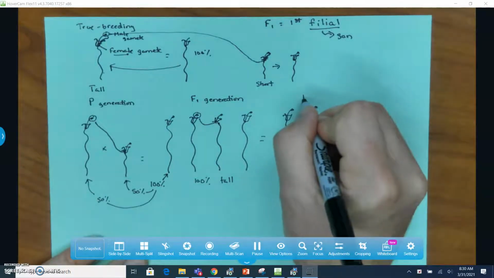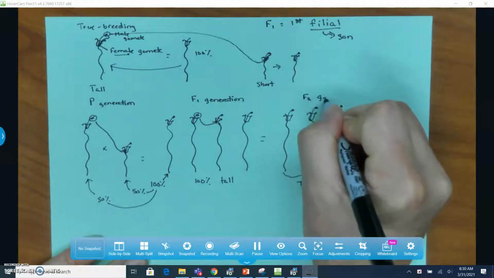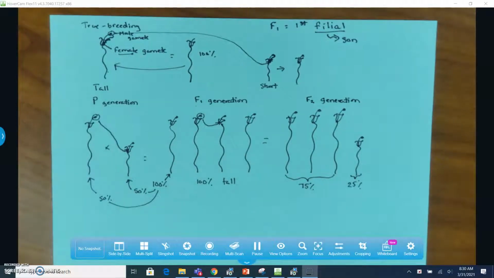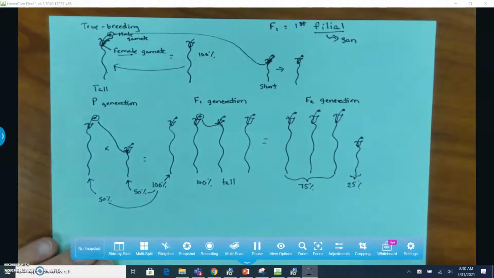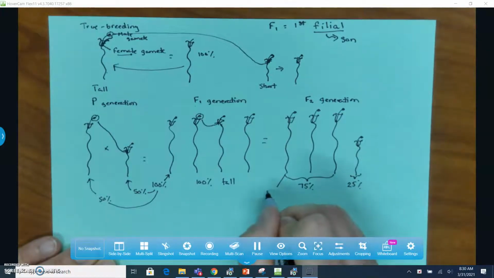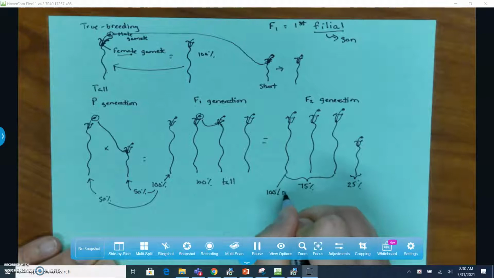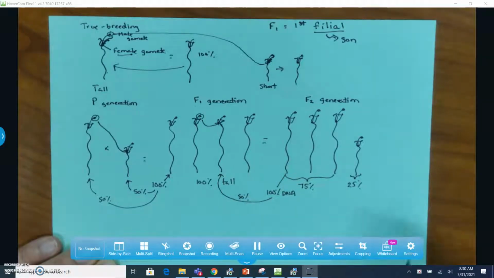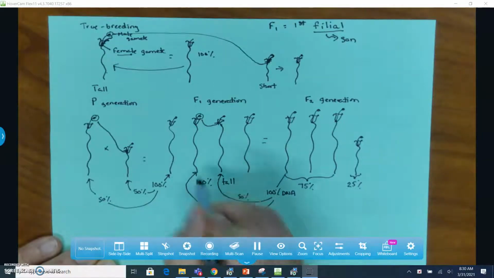He called this the F2 generation. Again, Mendel realized that each of these plants, 100% of their DNA, 50% of it came from one parent, and the other 50% came from the second parent.